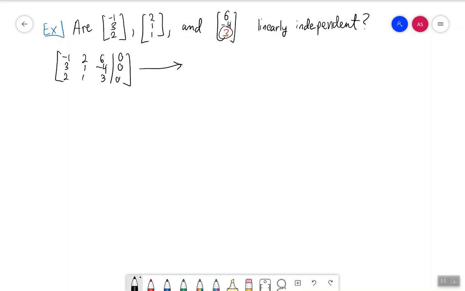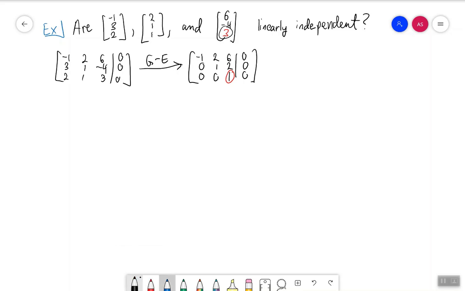And then we use Gaussian elimination to put this into row echelon form, or reduced row echelon form if you prefer, but it's kind of overkill. So -1, 2, 6, 0, 0, 1, 2, 0, 0, 0, 1, 0. Whereas before, this 1 here was a 0. Now it's a 1.